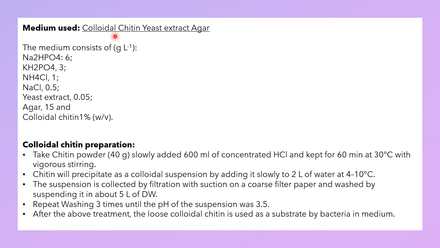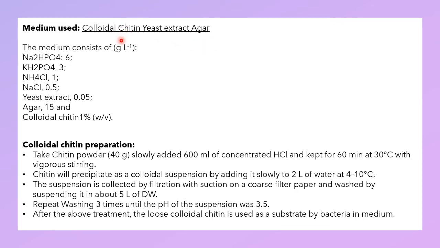Chitin flakes are tedious to handle because the suspension is very viscous and it is very difficult to pipette it out, and to dilute it if required for a particular concentration. So generally colloidal chitin is used, and here I have mentioned colloidal chitin yeast extract agar.